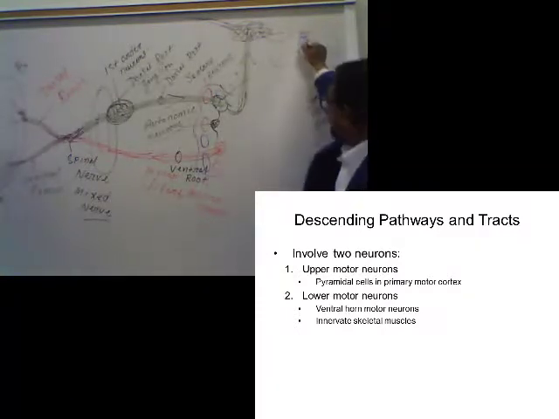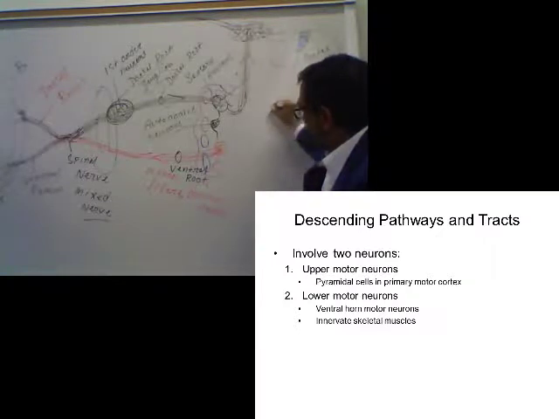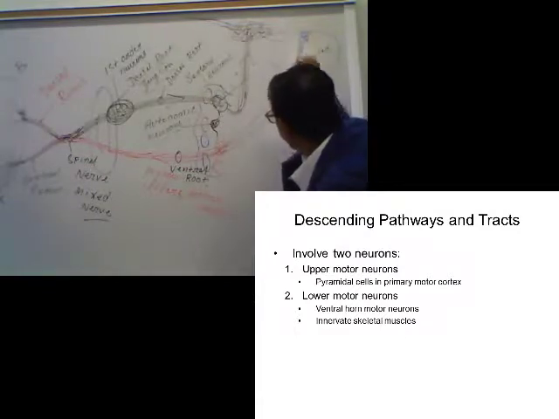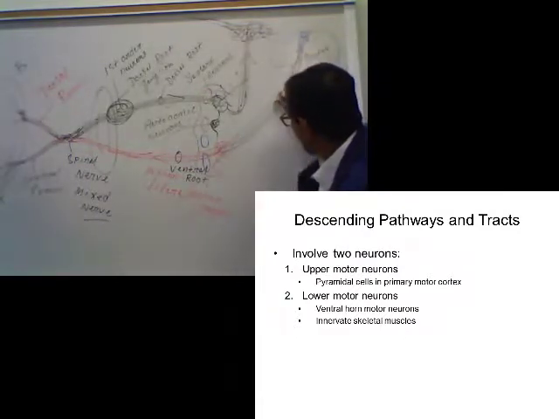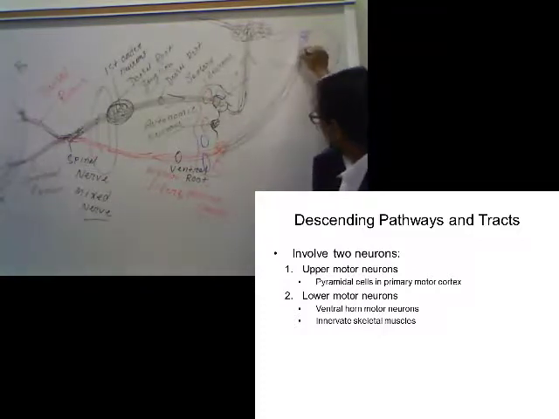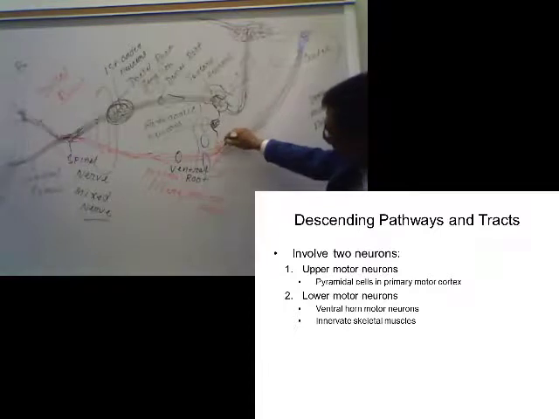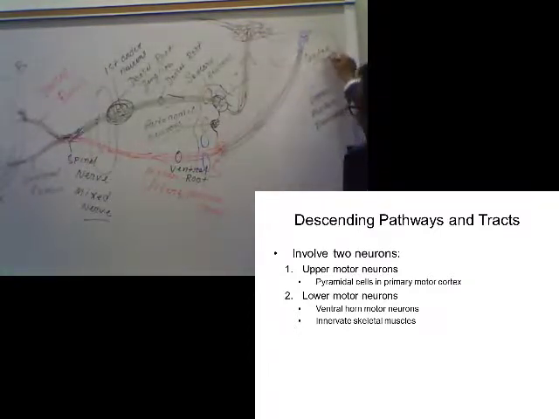And then the motor command or signal goes to the spinal cord through the descending tract. You remember the motor tracts, corticospinal, rubrospinal, whatever. So the motor signal will go to the spinal cord from the cortex.